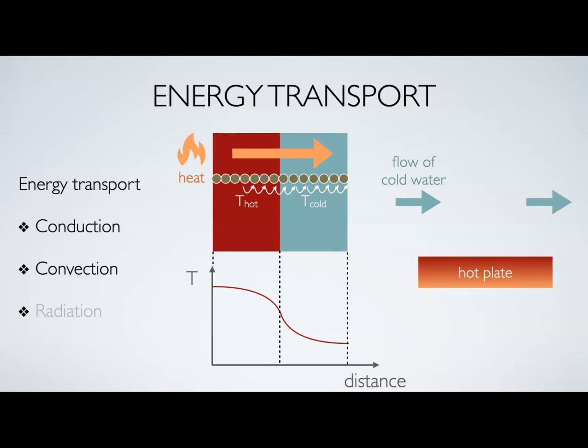It receives the heat from the hot plate at the bottom and flows to the right-hand side. So it carries the heat by convection to the right-hand side. Of course there will be convective transport in this case, but the way the cold water receives heat comes from conduction.